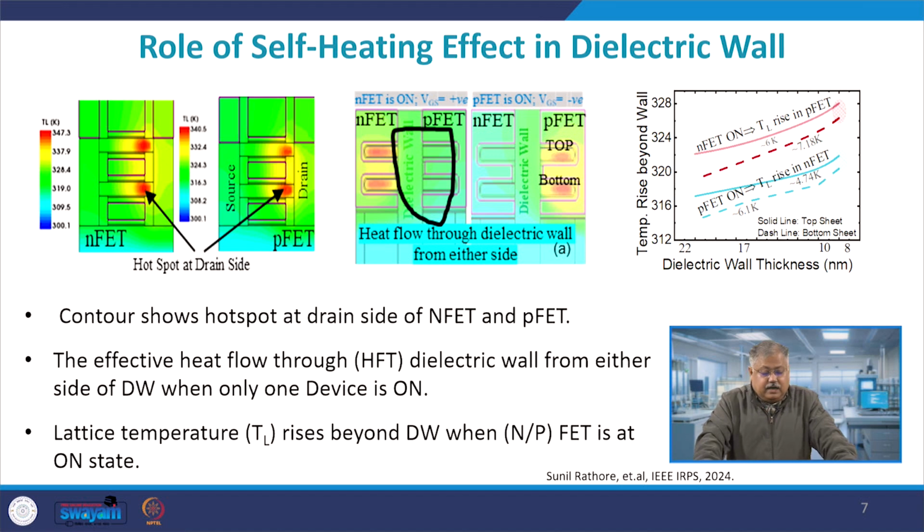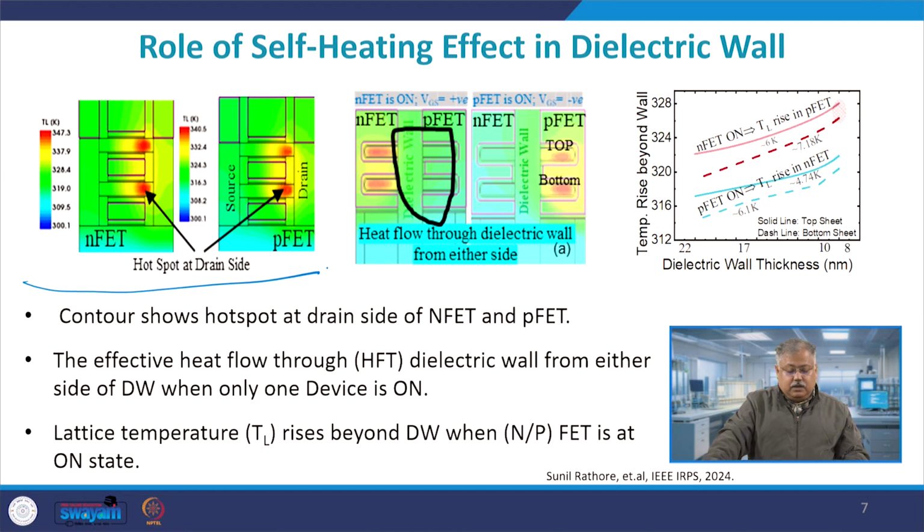And if you look at the left hand side figure, the first figure on the left hand side, which is this one, we have run the TCAD, and when you run the TCAD properly, the hot spots are created near the drain end, right? Not only that, the hot spots are more prevalent when our Forksheet is much closer to the substrate region.